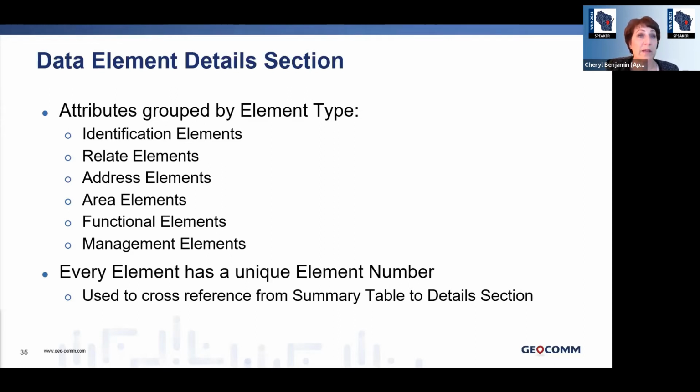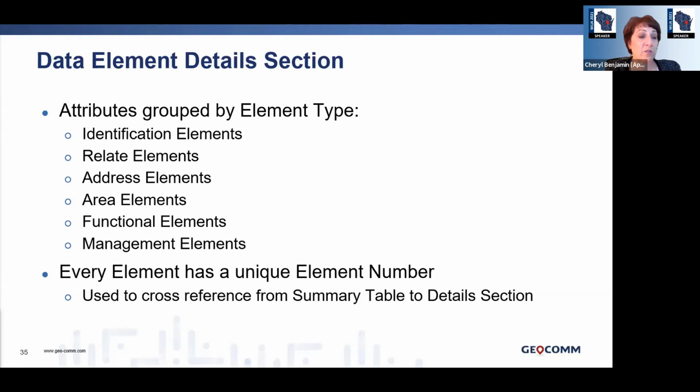Every element in the summary table has a unique element number, and that's based upon document structure. That's not a NENA thing. We created them so that it's easy to cross-reference from the summary table to get to the detailed section about that particular field.